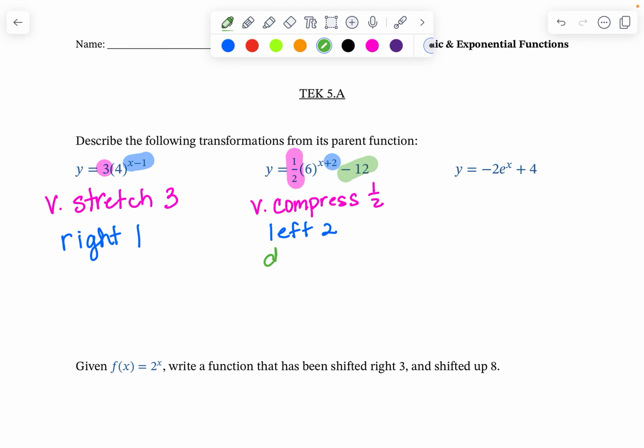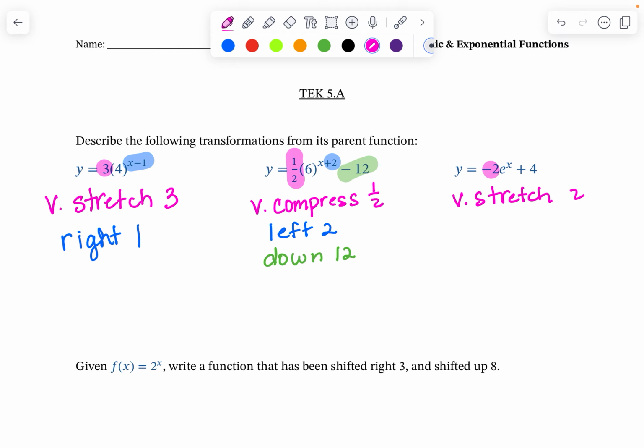So because they gave us what they did, that 2 of x, the formula we're going to end up using is going to look like this. I'm going to go ahead and put the 2 because that's already your base. It's already in there. We don't have to worry about that. And let's see what they told us we can do, okay? So write a function that has been shifted to the right 3, okay?